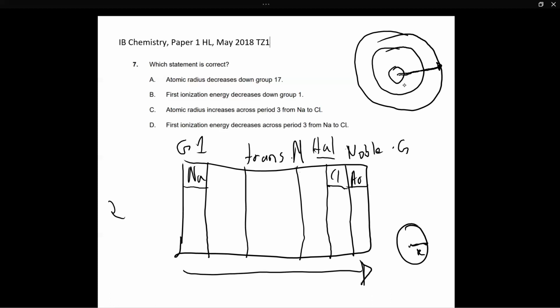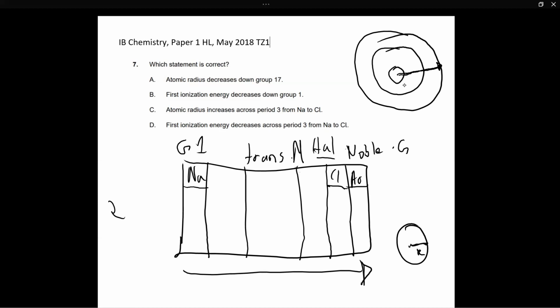So when you move across a specific period, which is period 2, you see that the number of shells of the atoms remain the same because each element in the period has the corresponding number of shells as their period number. So an element in period 2 would have 2 shells, an element in period 3 would have 3 shells, right?